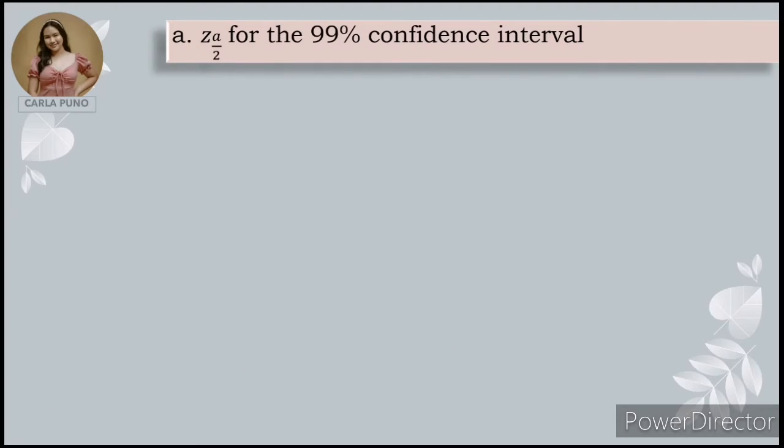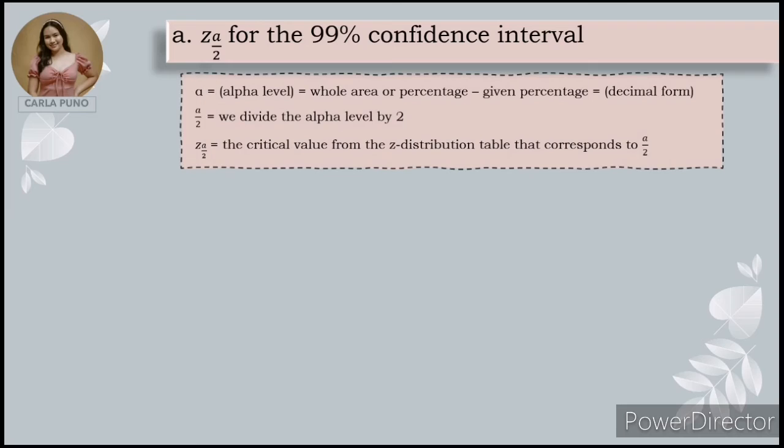Letter A, z sub alpha divided by 2 for the 99% confidence interval. We have alpha, or the alpha level, the whole area or percentage, minus the given percentage. And it must be in the decimal form. And next, alpha divided by 2, we divide the alpha level by 2.